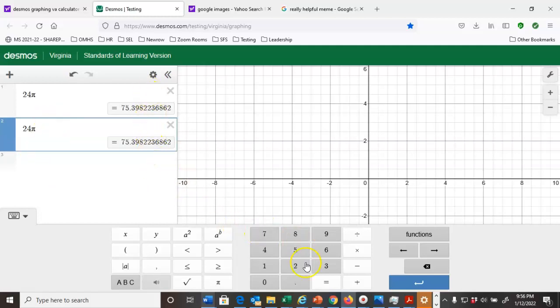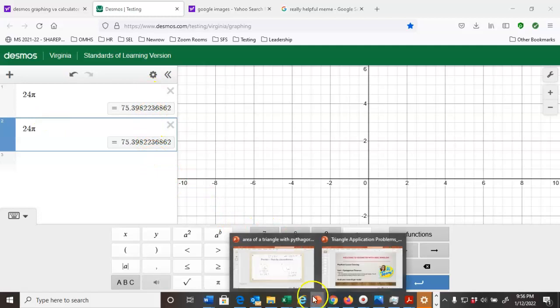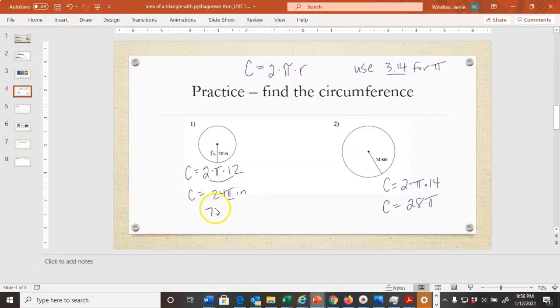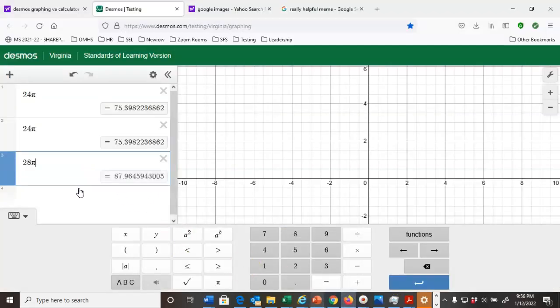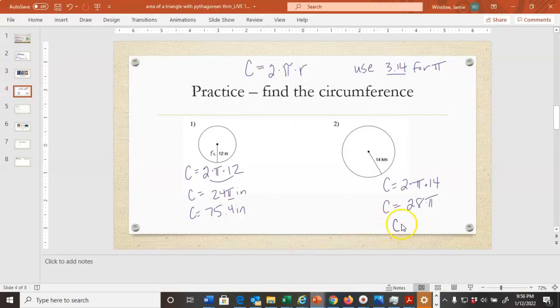So 75.4 inches is the circumference. All right, let's do 28 pi. I'm just going to type pi. So that's going to be 88. Let me get back. Kilometers.